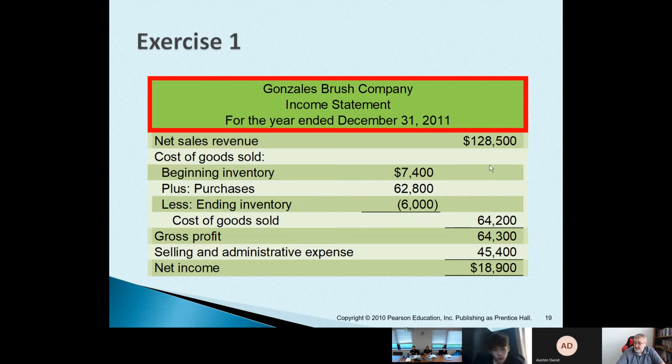Okay? So just remember, now this is for a merchandising company. So the service company, the Uber driver, is just simply his revenues minus his expenses gives him his net income. Well, this is the same thing.